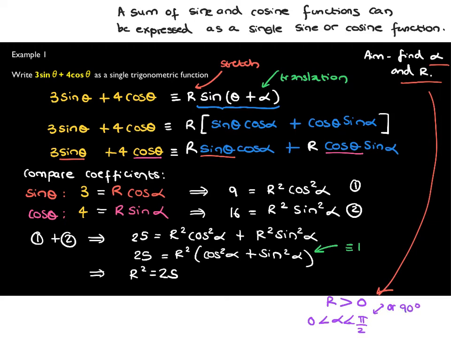So if r squared equals 25, this then gives me r equals 5, as I have to take the positive root. And now I can substitute that back into either of these equations to work out the value of alpha.